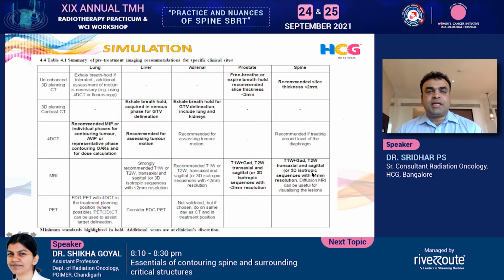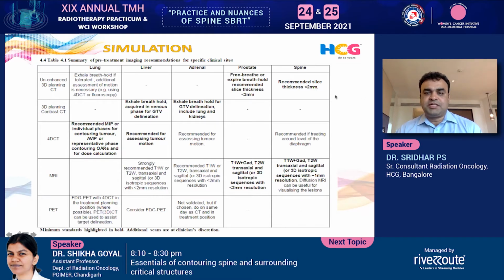With MRI, getting the treatment position is always a challenge. We have a PET CT simulator, so it becomes easy. The PET, CT and MRI we also use in the treatment position as much as possible. It is definitely difficult, but the newer software is very good at fusing in these cases.